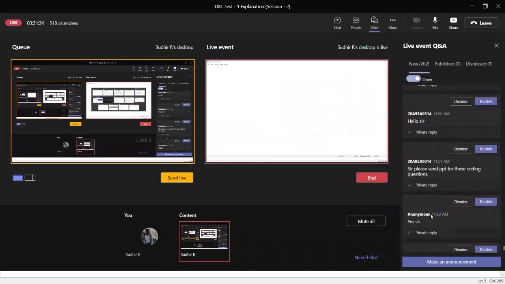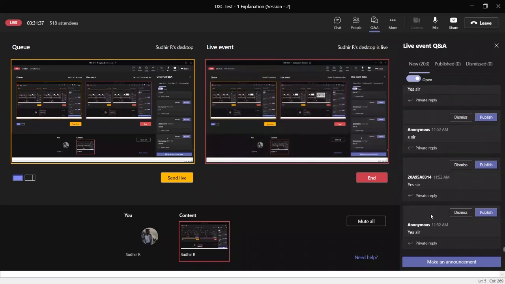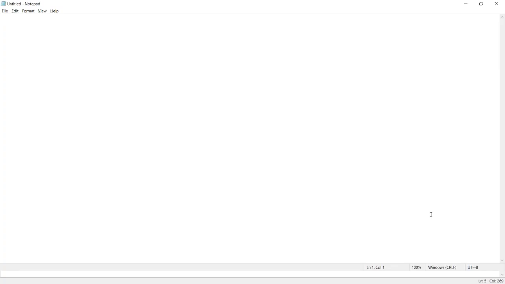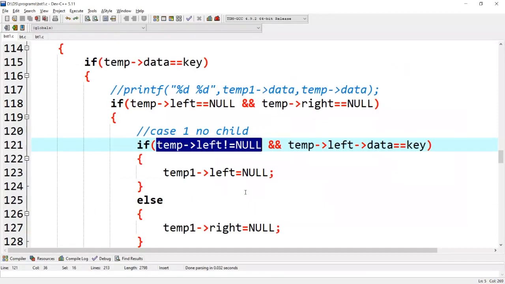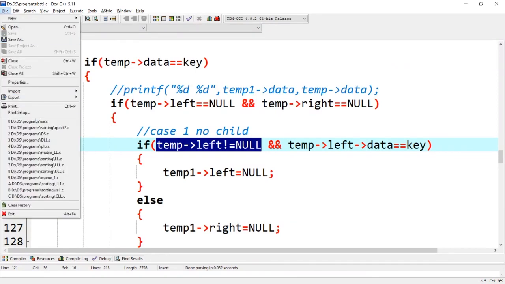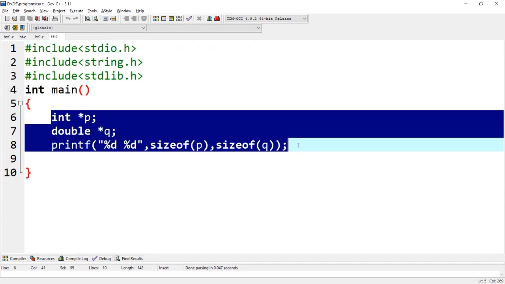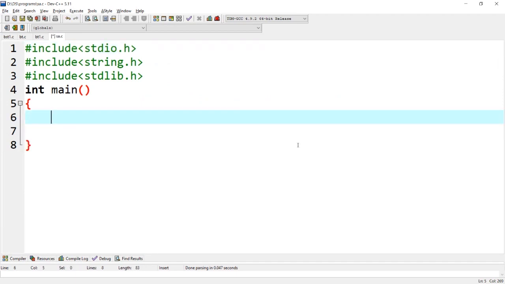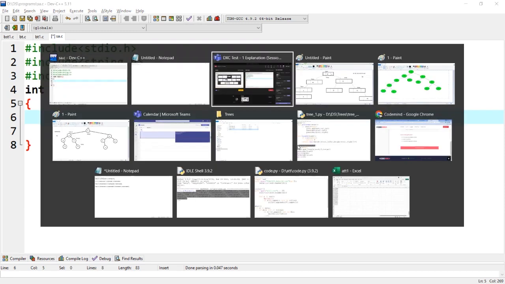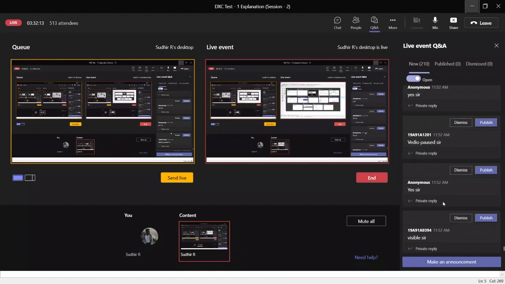And some of the questions the students asked here: what is the pre-increment and post-increment, how they are working, and I'm going to explain you here. And I'm going to explain what type of questions are going to be asked. I'm going to explain you everything.